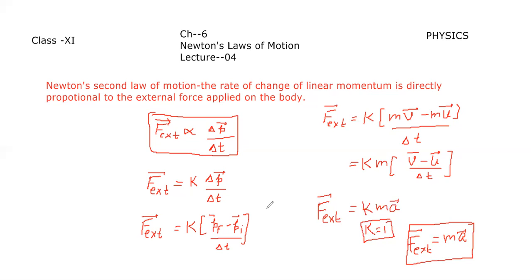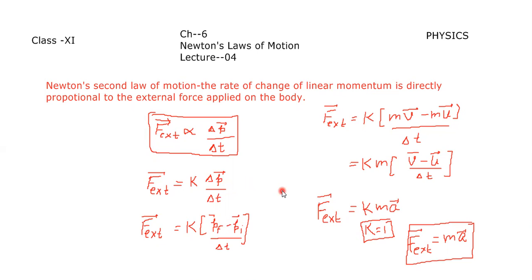Now what is the dimension and unit of force? One by one I explain all the things. You should know that the first line is F external is proportional to delta P upon delta T. F external equals K into delta P upon delta T. Delta P is the change in linear momentum, final momentum minus initial momentum.